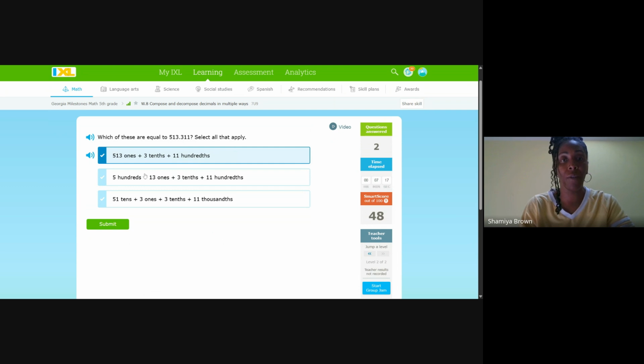Then I have 500s, 13 ones, so that equals 513. Then I have 3 tenths and then 11 hundredths again. Then this one I have 51 tens and 3 ones plus 3 tenths and 11 thousandths.